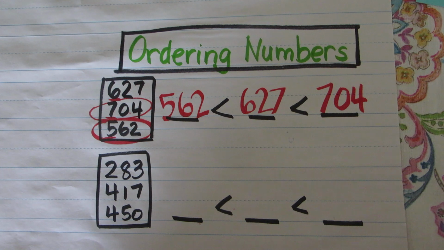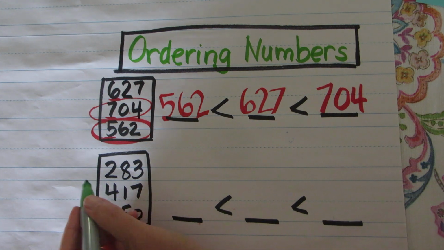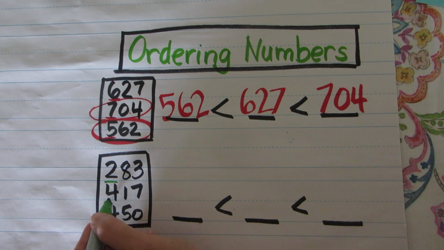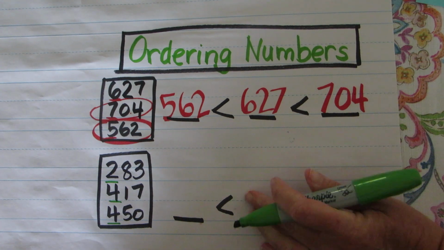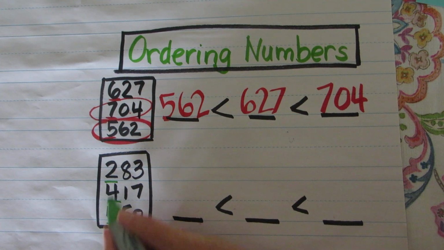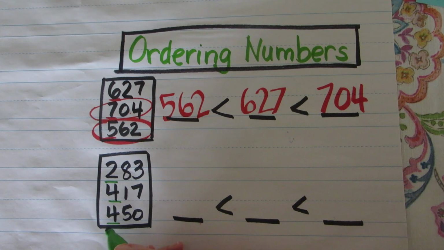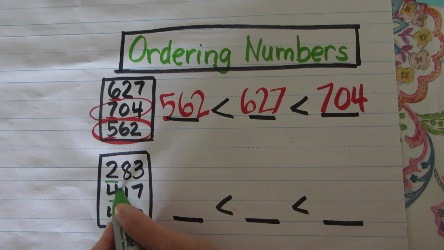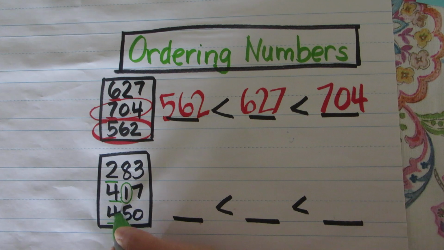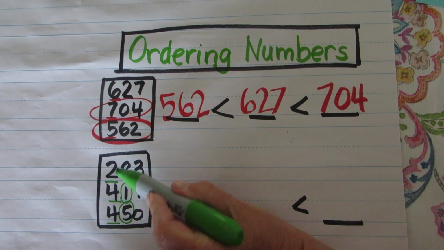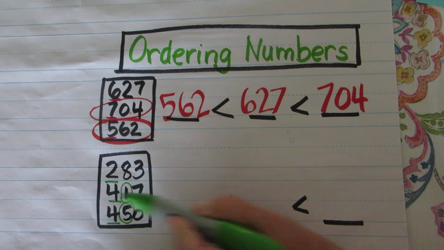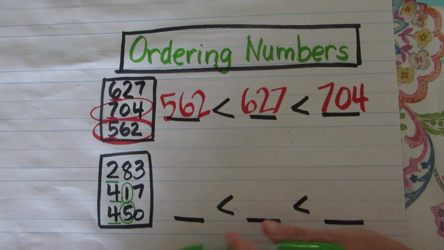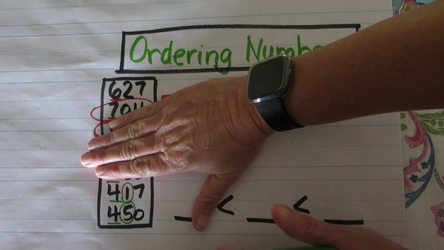This is a little bit trickier because when I look at my hundreds place, I see a 2, a 4, and a 4. So when that happens, with these two numbers, I'm going to have to go to the next place value. So I'm going to have to look at my tens place. If I'm looking for the greater number, out of a 200, a 400, and a 400, the greater number has to be one of the 400s.